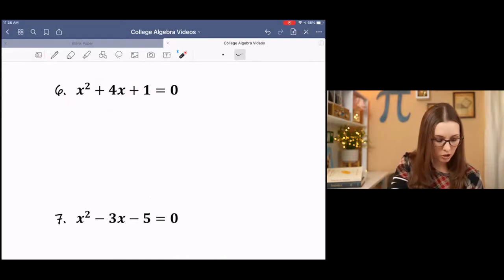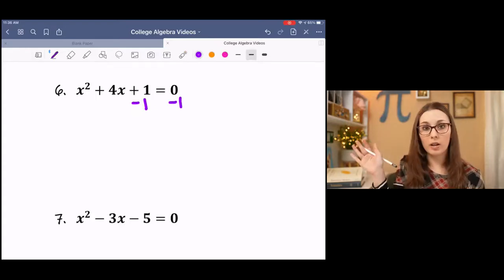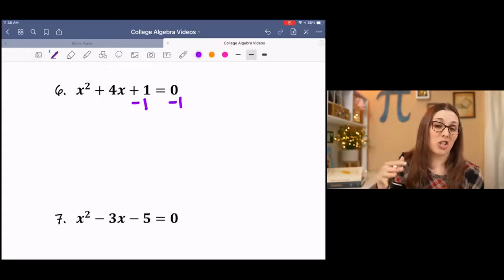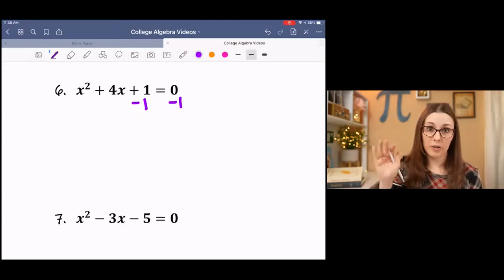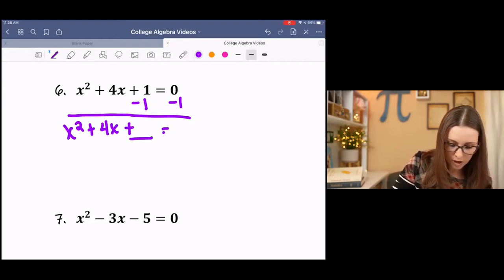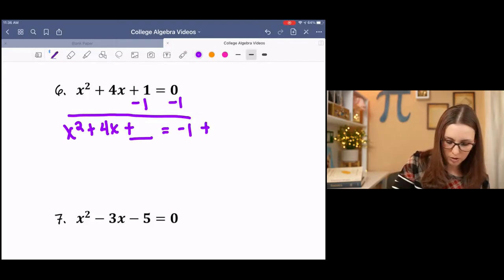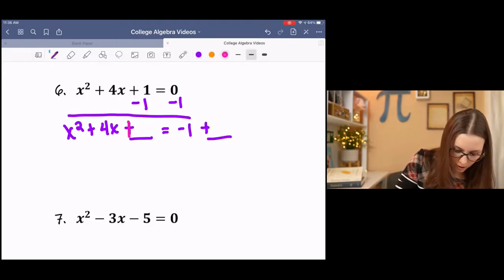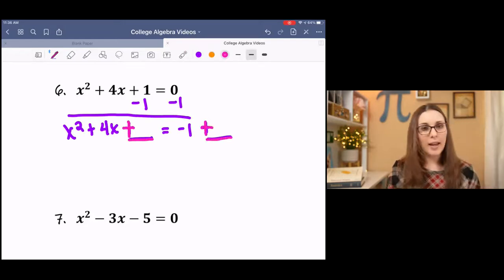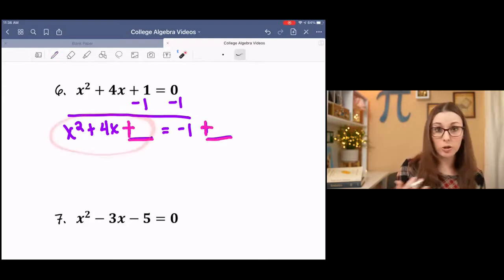And basically what you're going to do is you're going to move this C value away. I want to move it. I don't like it. I can't necessarily just get rid of it, but I can move it aside for the time being. And now I have x squared plus 4x. I need a new C value, but I can't just add that C value to one side. I have to add it to both to make it balanced. I'm actually going to do this in a different color. And we want to find a C value that makes this side factorable.